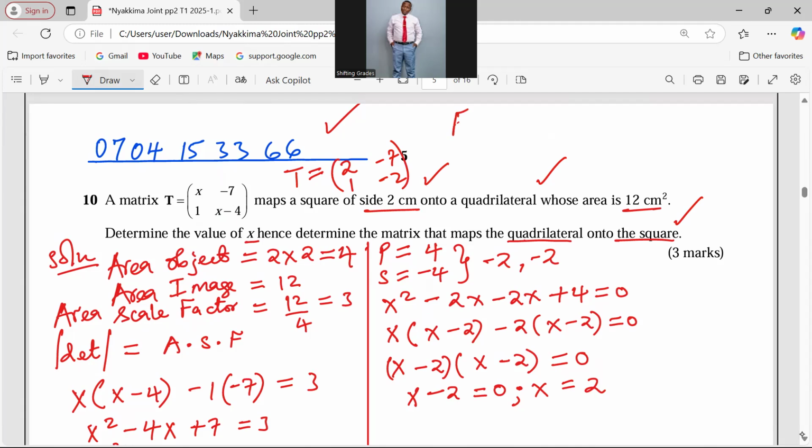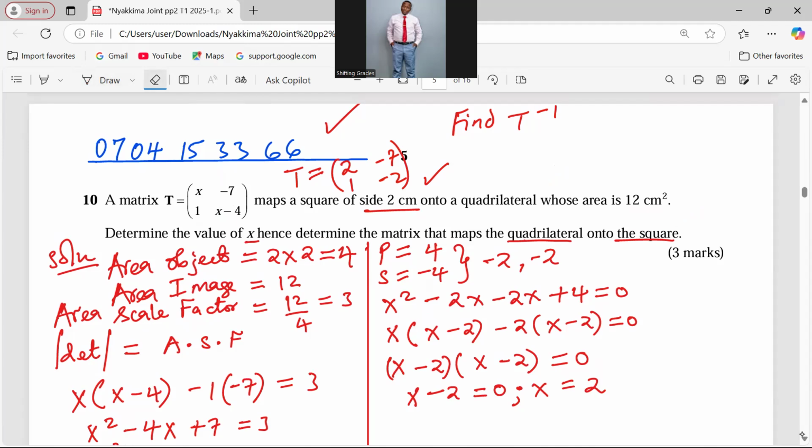We are told to find the inverse of T. That is a polite way of demanding the inverse of this matrix, because we need the matrix that will reverse the transformation. So let's now find the inverse of T.